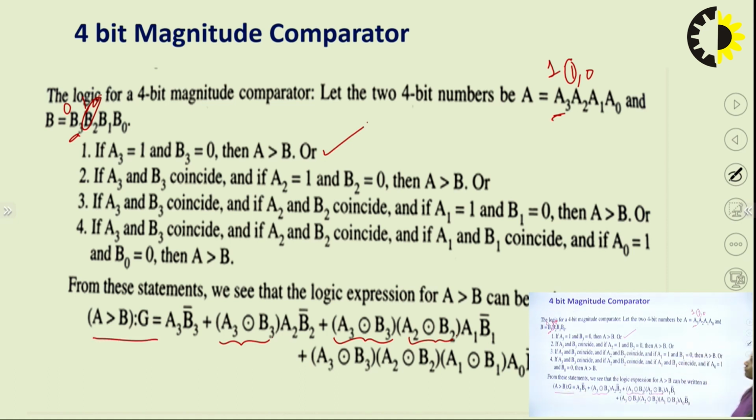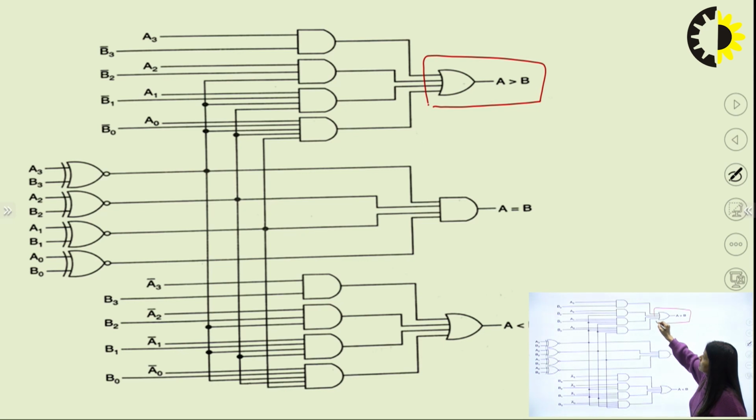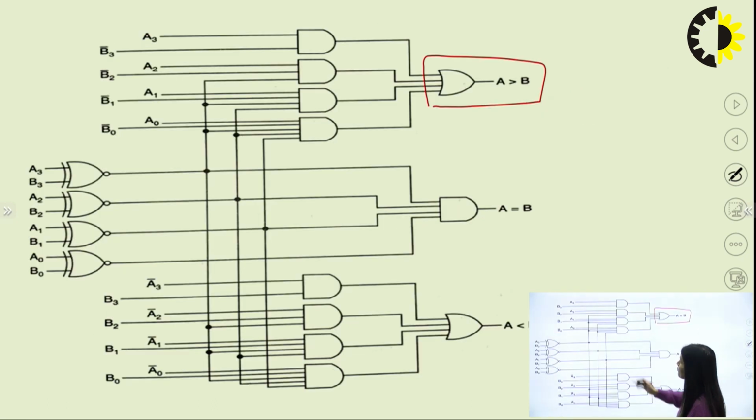Similarly, we will write for the diagram. So here what we are doing is A is greater than B. All these cases we can draw. There are 4 inputs for these 4 numbers and 4 for B0, B1, B2, B3.